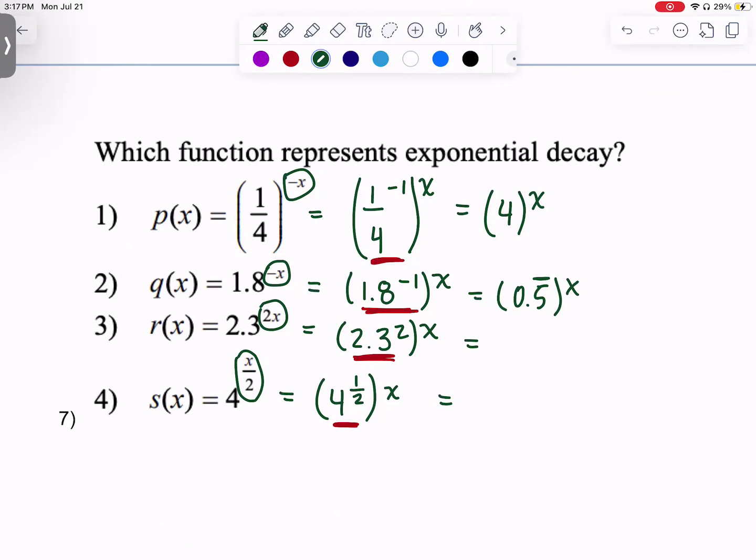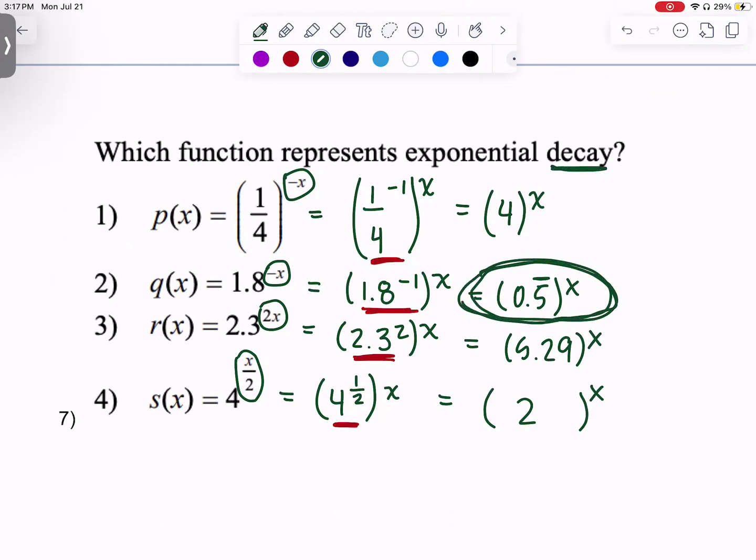Number 3, 2.3 squared becomes 5.29 to the power of x. 4 to the 1/2 becomes 2 to the power of x. And so this one is the only one that's decaying. For decay, b is less than 1.